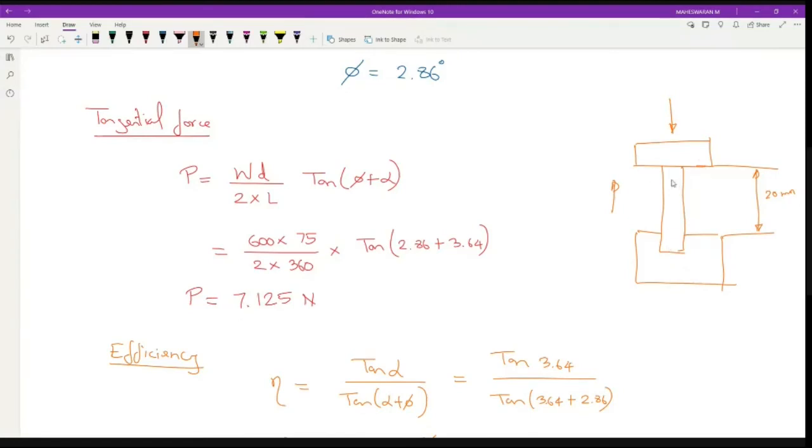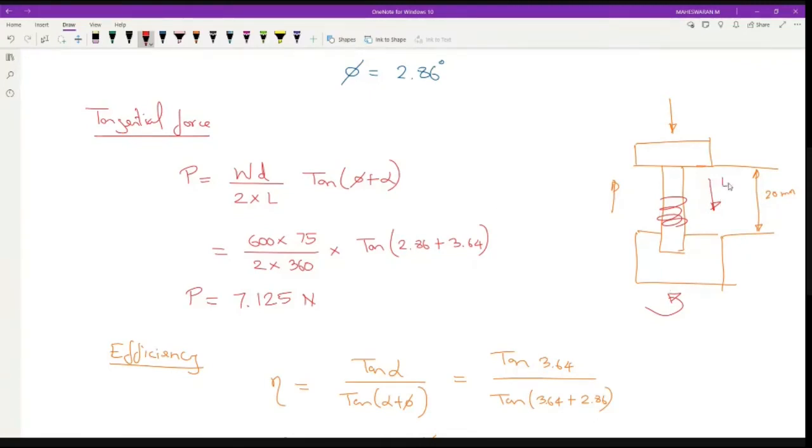So for non-self-locking, since the screw is moving downwards, I have to apply a resisting torque in order to maintain that. Now it should not come down, right? So I have to apply some resisting torque.